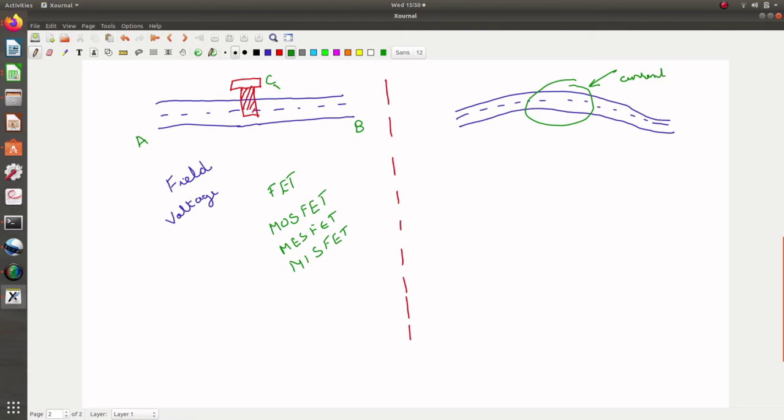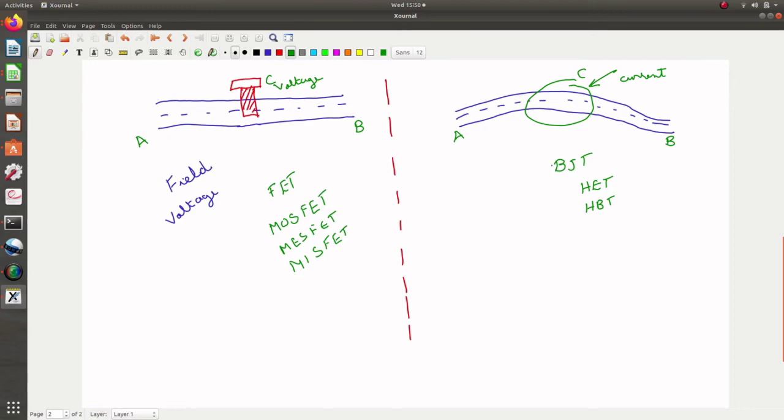Here we can change the elevation using injection of current into the third node C. We have the other two nodes A and B. Examples of this type of transistor are BJT, which is the bipolar junction transistor. Other examples are HET, HBT, and so on and so forth.